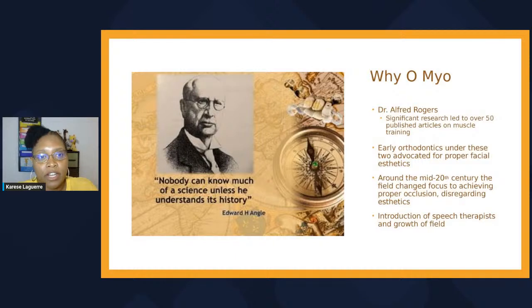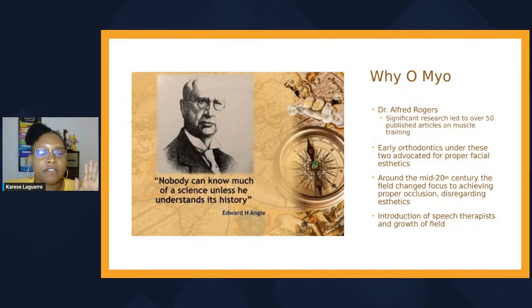So, Dr. Alfred Rogers actually did a lot of early research with Edward Engel to help kind of discover what's going on with this whole myofunctional therapy, with this whole malocclusion thing. Because Edward Engel, as you may know, is the father of malocclusion, right? And some people term him one of the fathers of orthodontics.